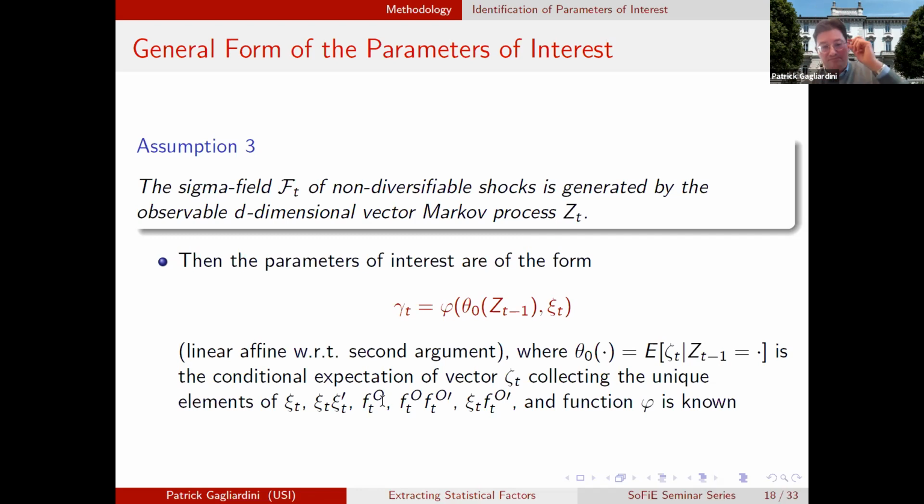And so in this setting where the dimension d is large, the difficult problem is exactly to make inference on this infinite-dimensional parameter.